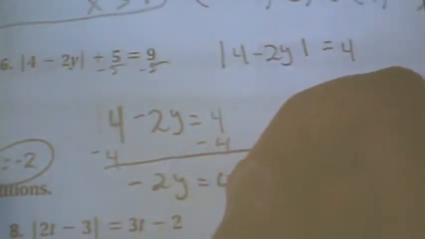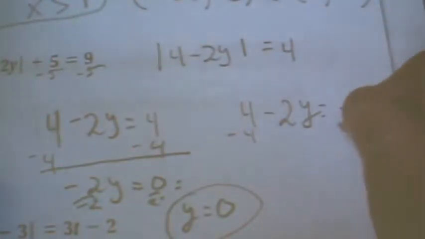Alright, and you're going to subtract 4. 0 divided by anything is going to be 0. Sorry. Sloppy there, right? 4, 4.